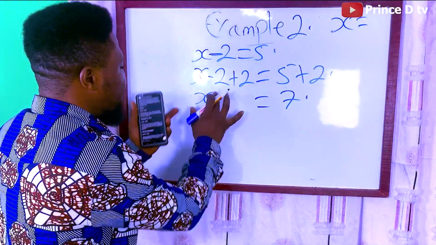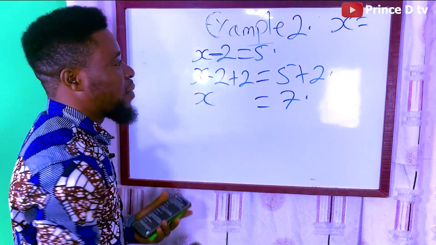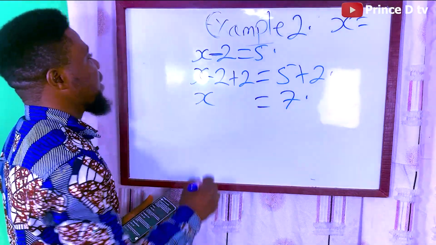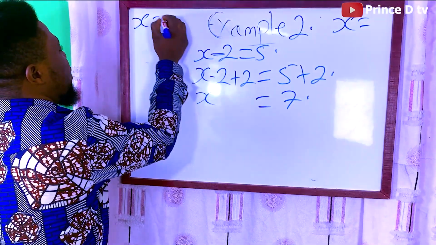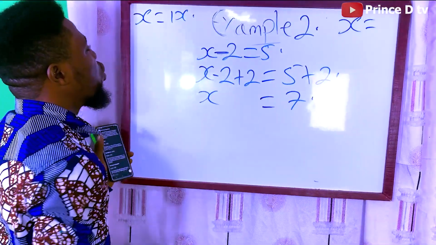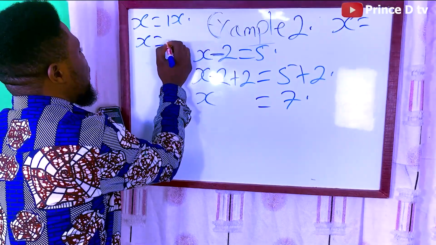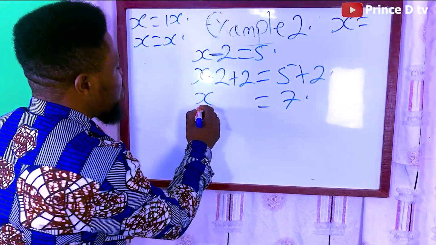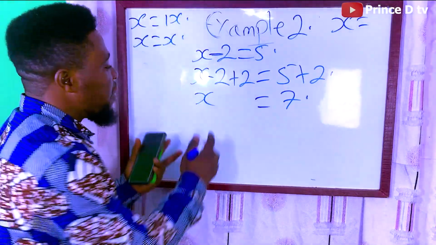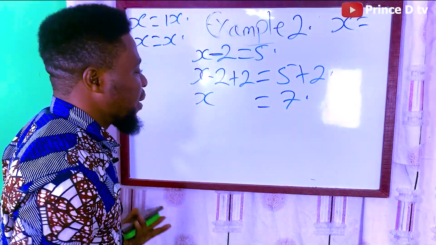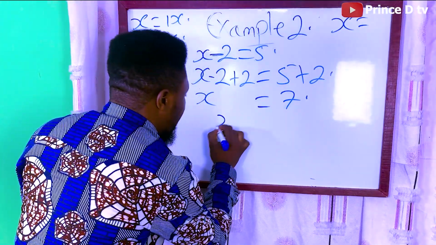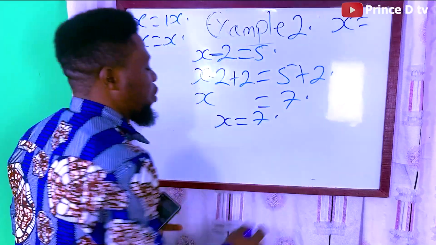What do you notice? This x, nothing is being multiplied. Remember, this x is the same as 1x. I told you when something is 1, it remains the same. So that's why we have x is equal to x. It's just 1x. Dividing all through by 1 is the same thing. So we have x equal 7.